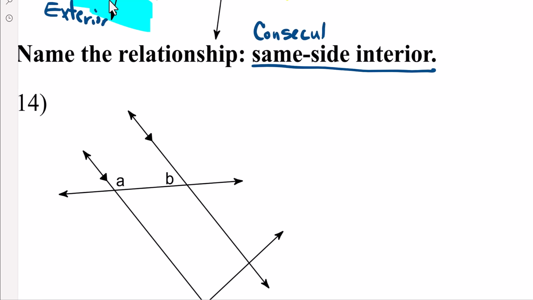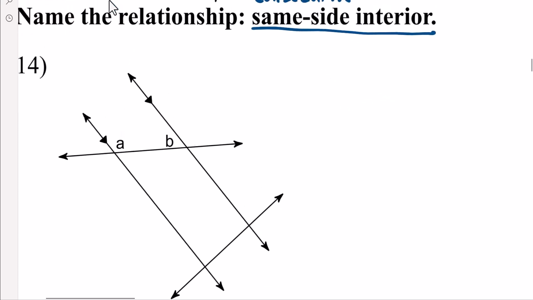They mean the same thing. So we've got an A, B. Let's just do it this way. Even though those are adjacent, two angles, one right after the other, those are called consecutive or same side interior.